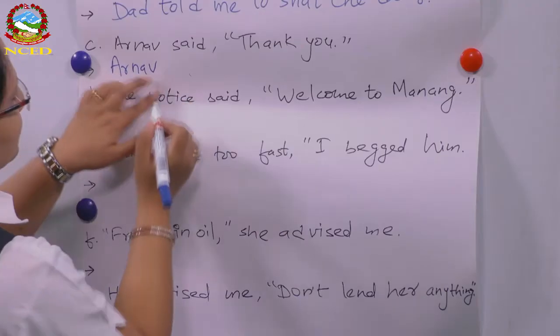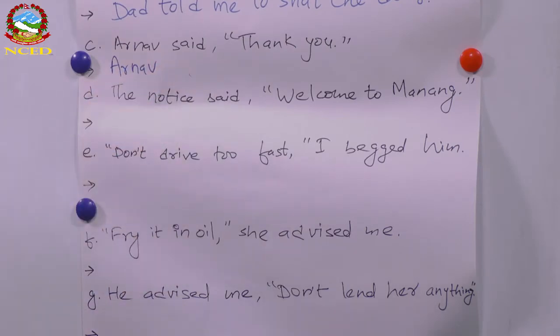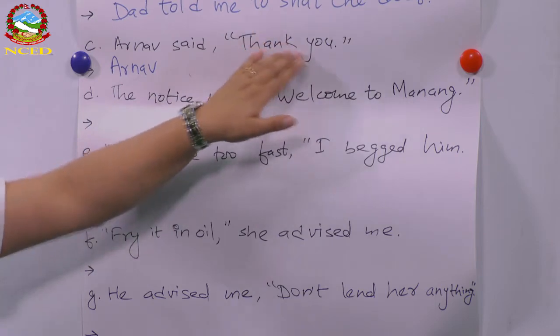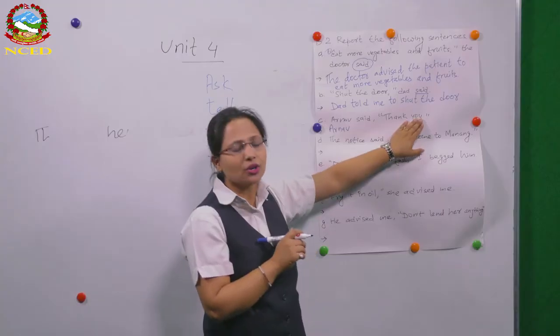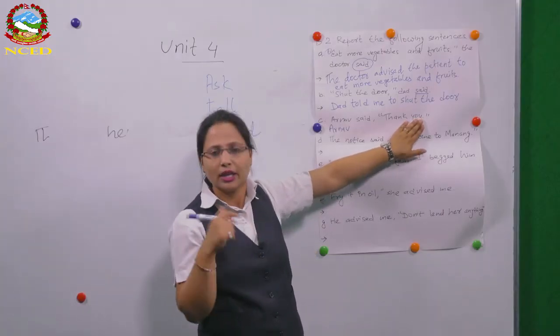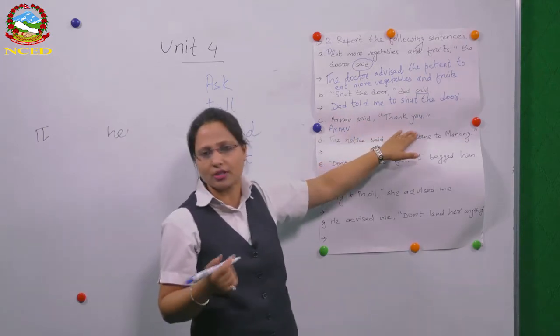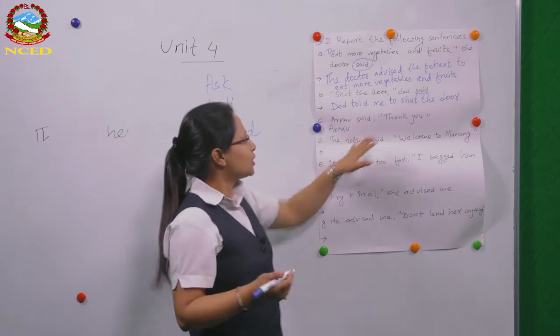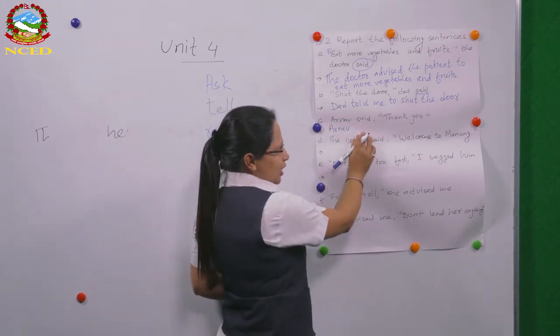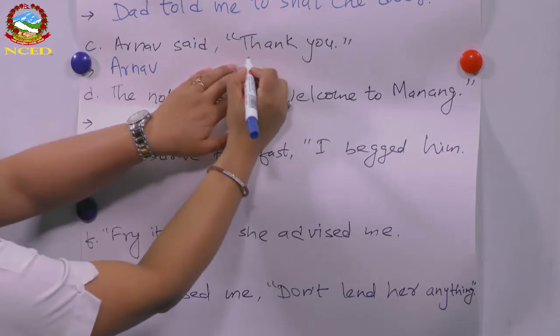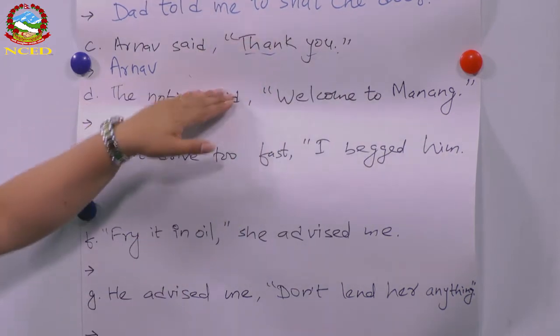Arnab said thank you. This sort of expression thank you is used only in direct speech. In indirect speech, we can't say Arnab told thank you or something like that. Okay. So the reporting verb itself is taken from this sentence in case of such sentences.